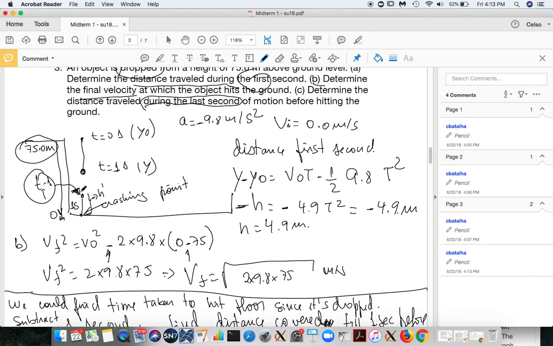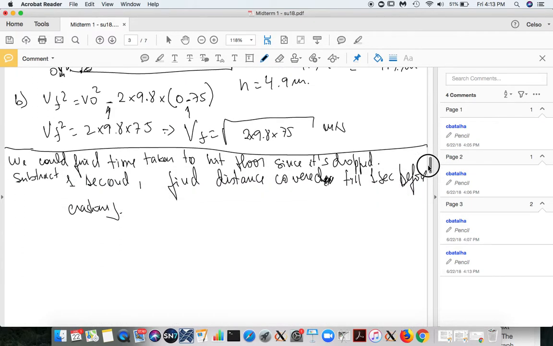So if you know that time, we know this distance. And then we can subtract that distance from 75 to get this distance here. The distance traveled during the last second, right here. So let's do that.